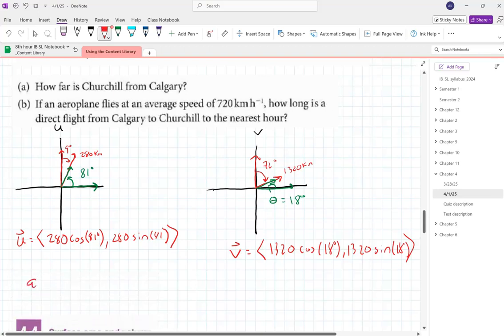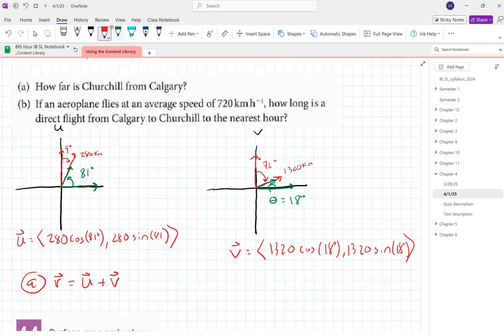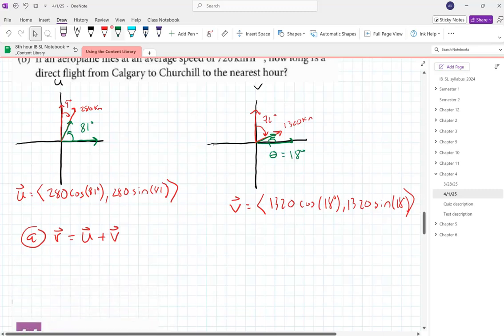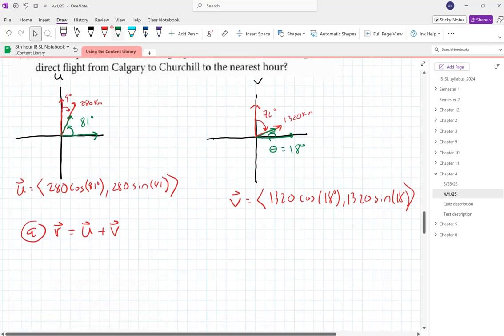So if I want to do part A then, I'm going to say R is the vector from Churchill to Calgary. So that's just going to be the result U plus V. Okay.